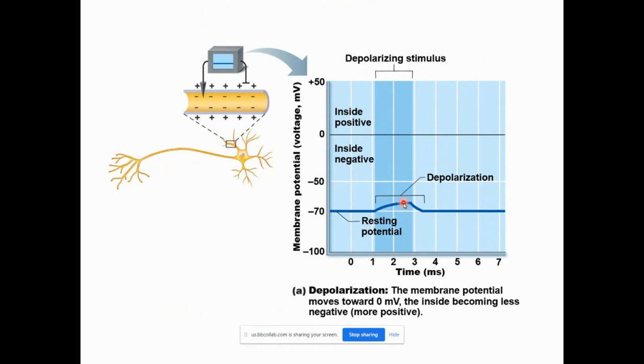That's called depolarization. Now it's more likely to produce an action potential than at rest because we're less negative now. We climb to maybe -60-ish. So because we got closer to the positive side, that's called depolarization. It's moving toward zero, getting less negative. So something like this would be depolarization, heading towards the zero.